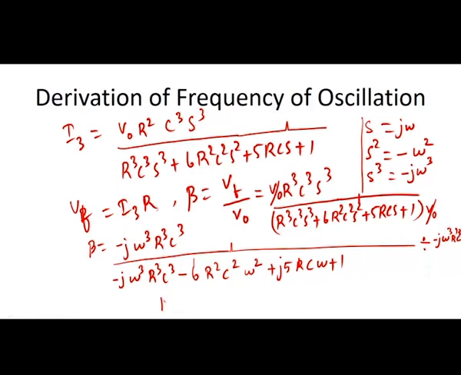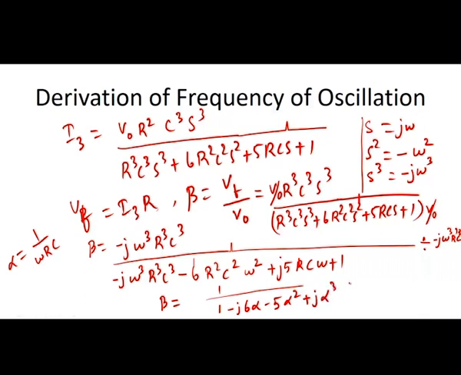So, you will be getting beta is equal to, if you divide and if you substitute alpha is equal to 1 by omega RC, you will get beta is equal to 1 by 1 minus j 6 alpha minus 5 alpha square plus j alpha cube.